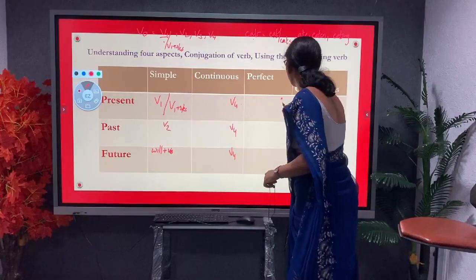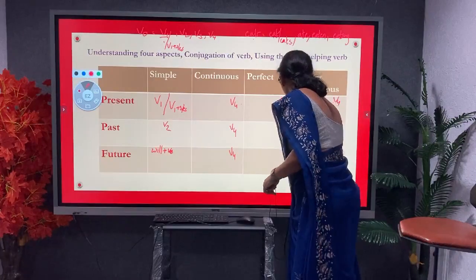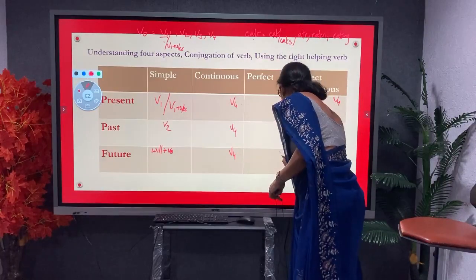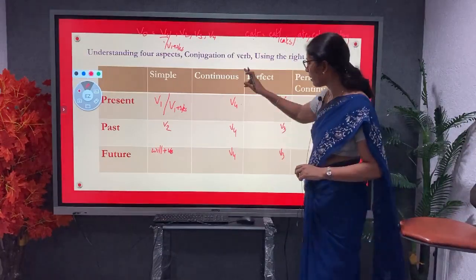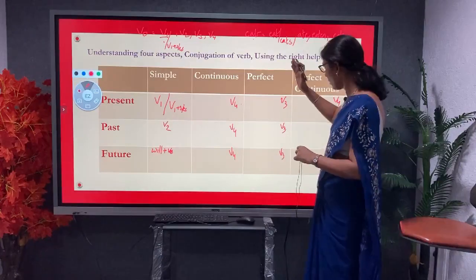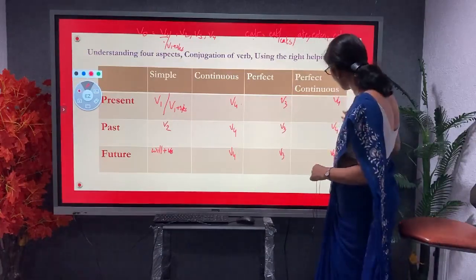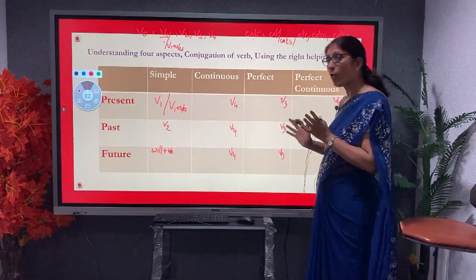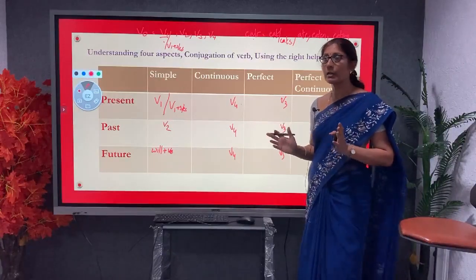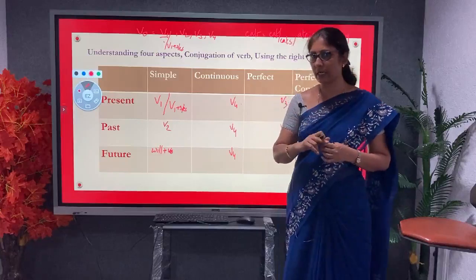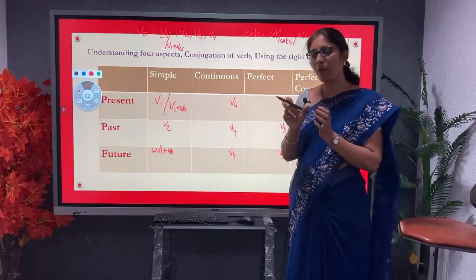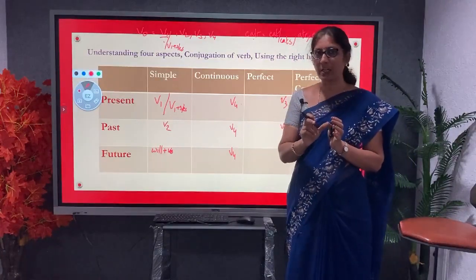So perfect means all V3s. Now, how do we differentiate? Here we are using all V4s, here all V3s, and here also V4. But how can we differentiate? I am eating is different from I will be eating or I was eating. So the helping verb tells when the action happens.